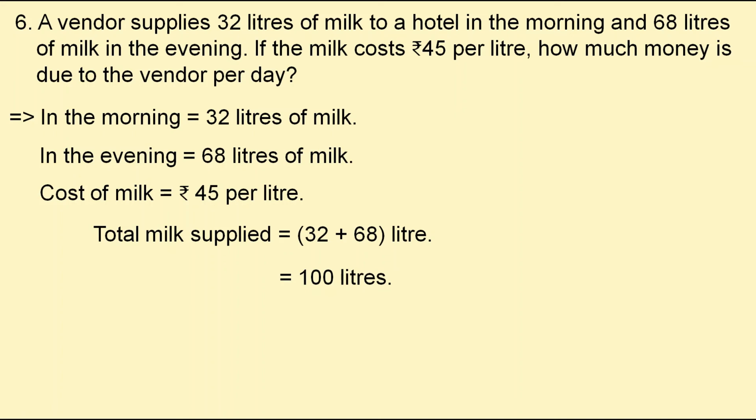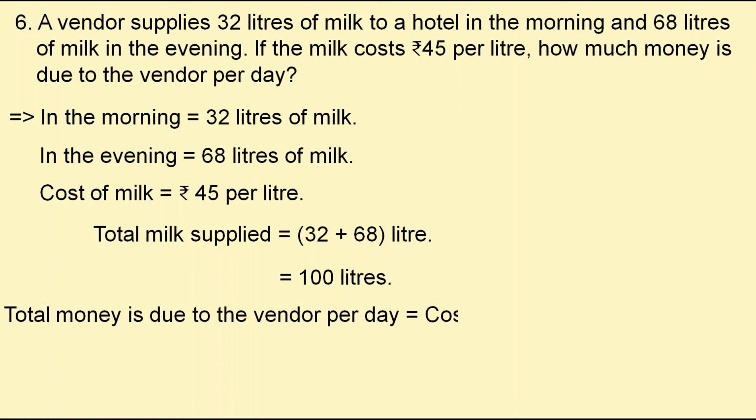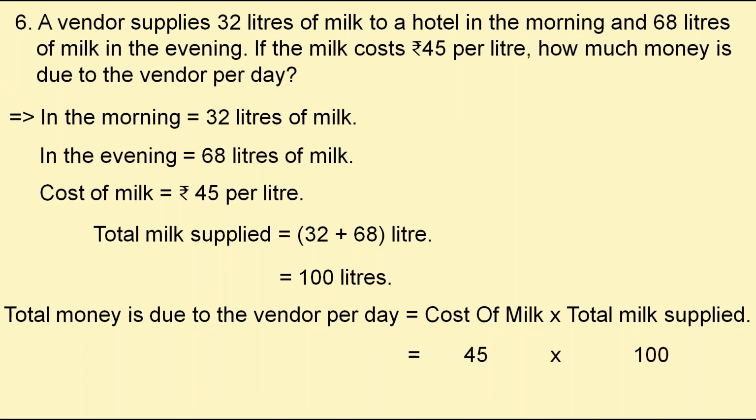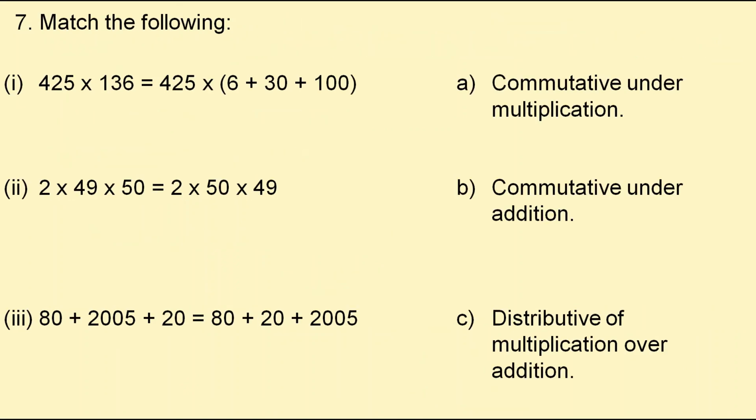So total money due to the vendor per day is equal to cost of milk into total milk supplied, which is equal to 45 into 100, which is equal to 4,500. So the total money due to the vendor per day is rupees 4,500, and this is the final answer of this question. Now let's move to the next, that is match the following.